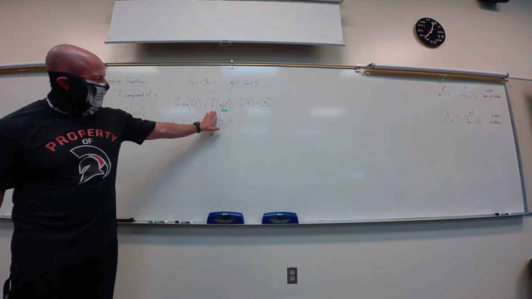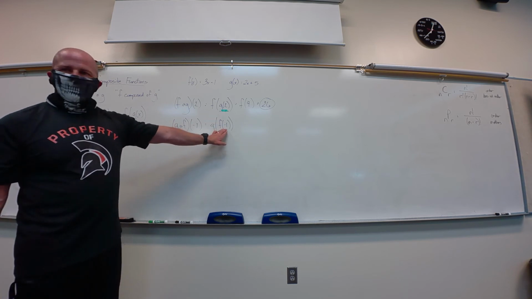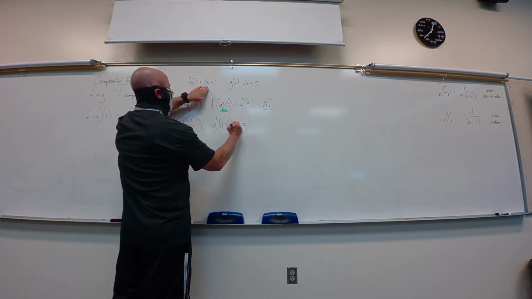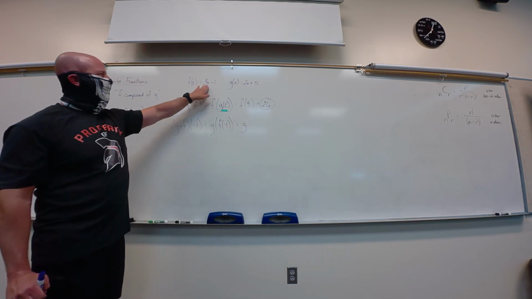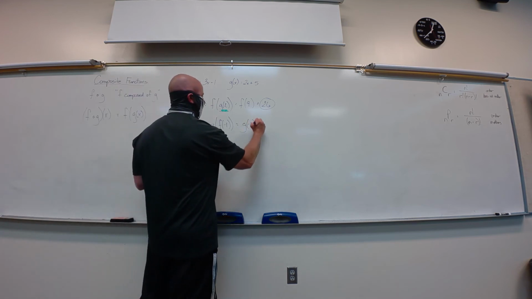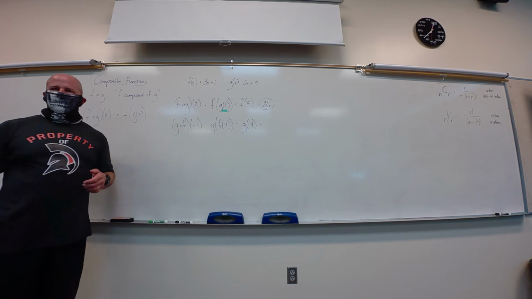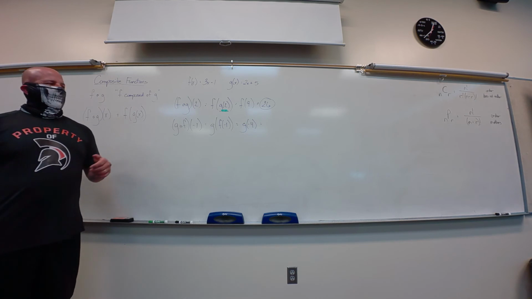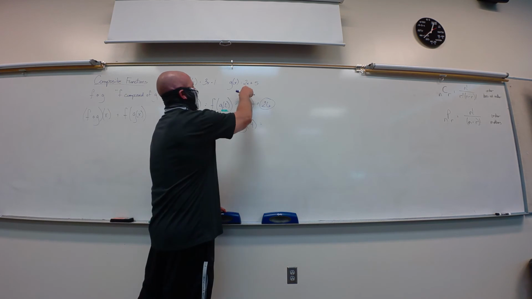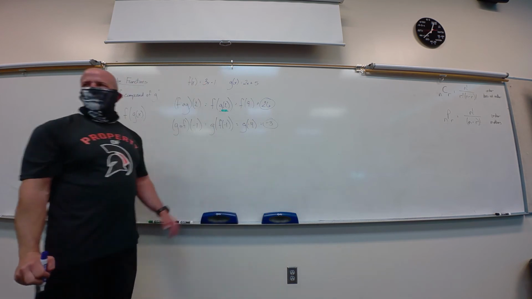My focus is that f of negative 1. So I substitute negative 1 into the f: negative 1 times 3 is negative 3, minus 1 is negative 4. Now I'm finding g of negative 4. So I substitute negative 4 into g: negative 8 plus 5, negative 3.